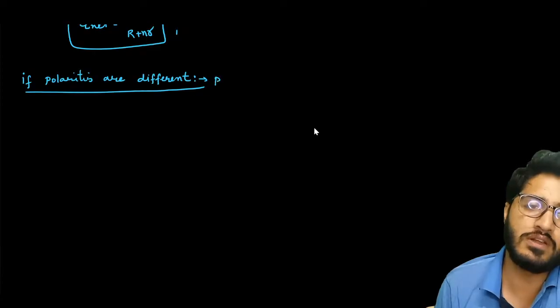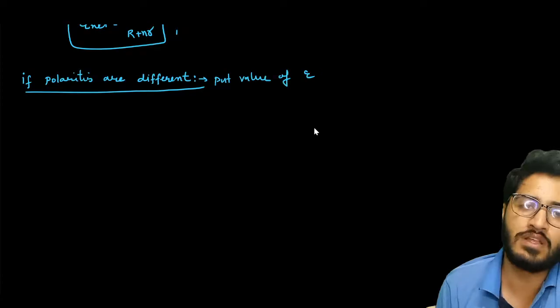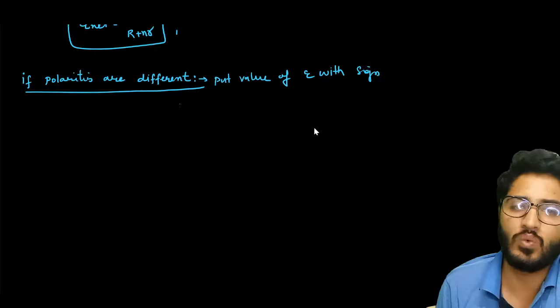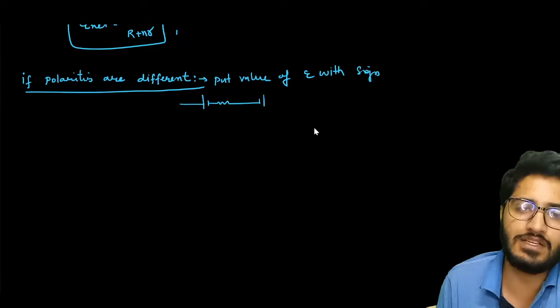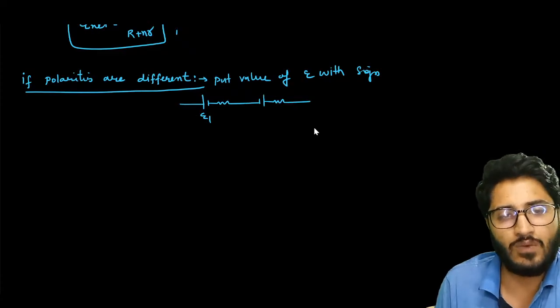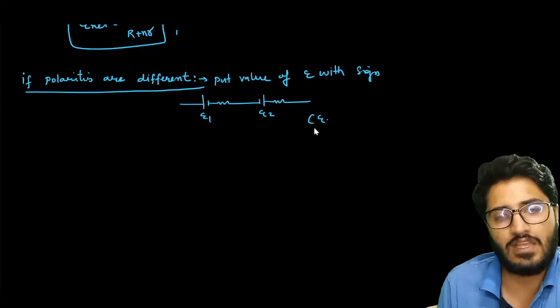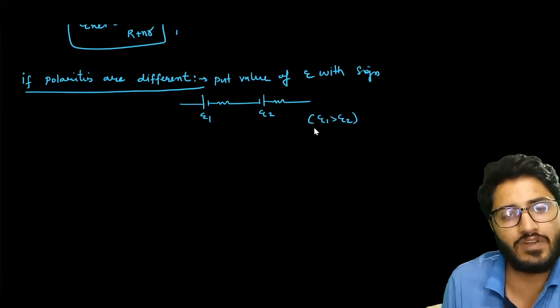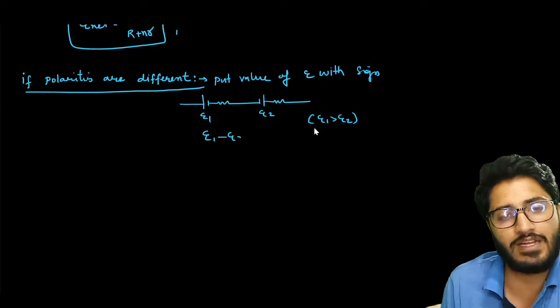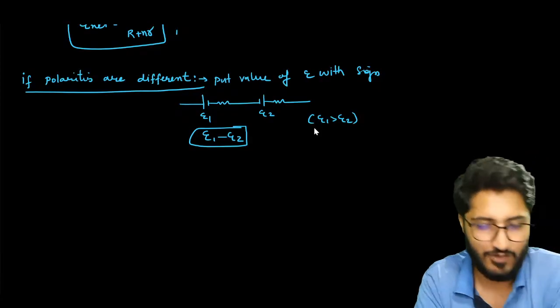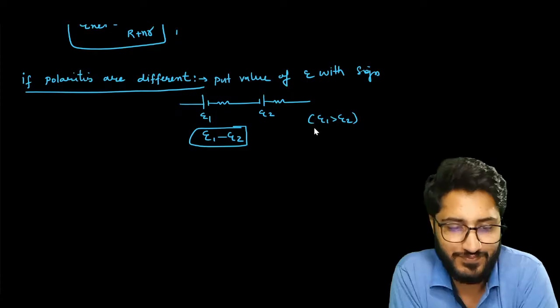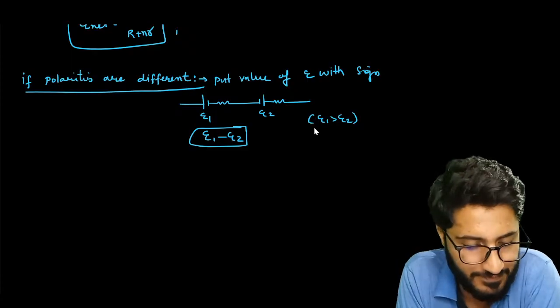You need to put the value of E with sign. Suppose one battery is in this way and the second battery is in this way. If it is E1, E2, and if E1 is more than E2, you were right. It would be E1 minus E2. Okay.